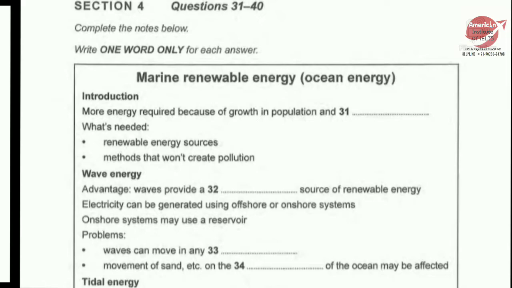Today, I'll outline marine renewable energy, also called ocean energy, which harnesses the movement of the oceans. Marine renewable energy can be divided into 3 main categories: wave energy, tidal energy, and ocean thermal energy conversion. And I'll say a few words about each one.